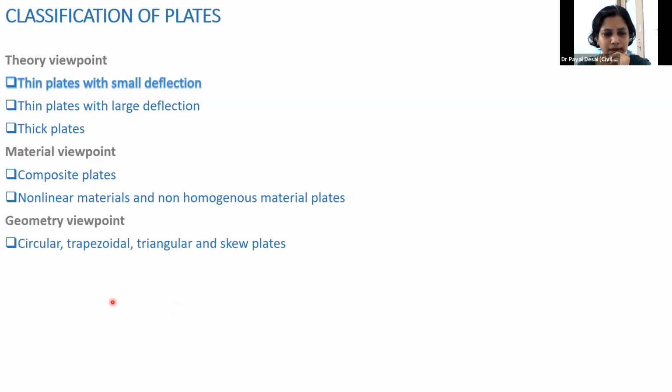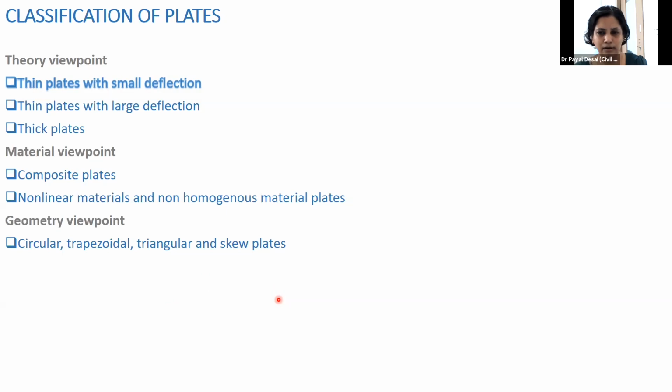A few names are Euler, Leonhard Euler, then Kirchhoff from Russia, and Poisson and Bernoulli, the entire Bernoulli family, Euler-Bernoulli. Bernoulli is the one who also worked in the fluid mechanics area.